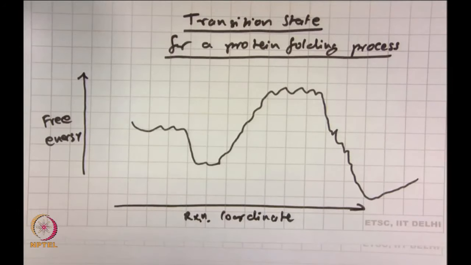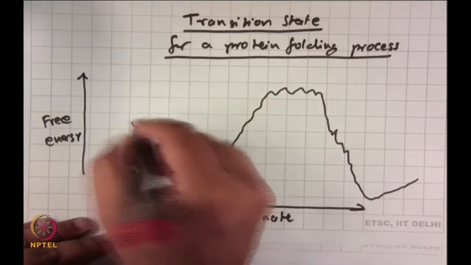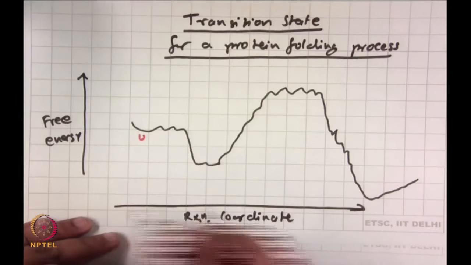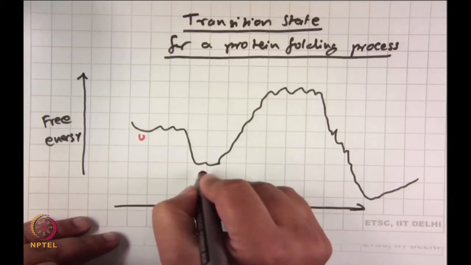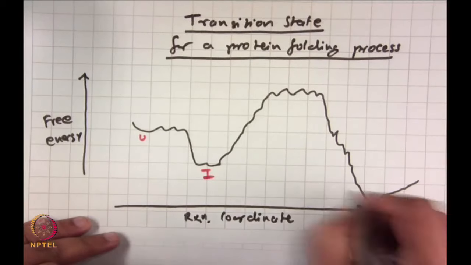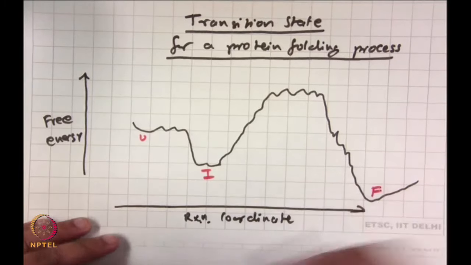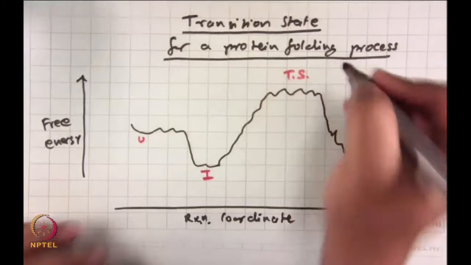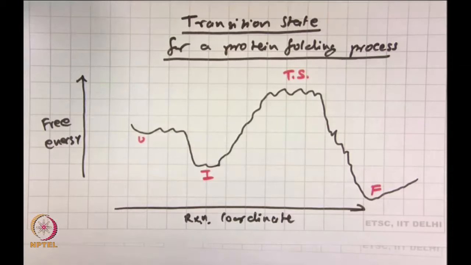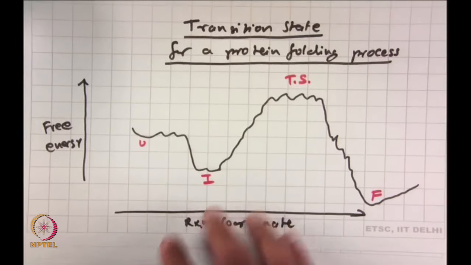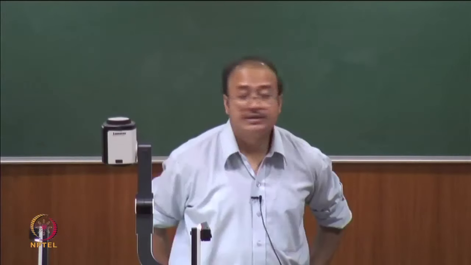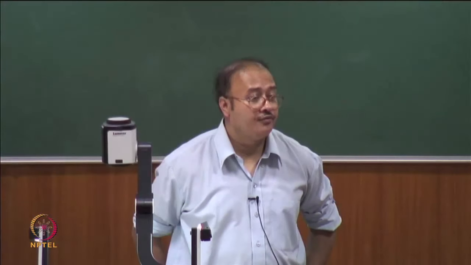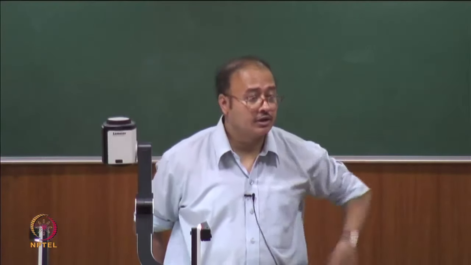So, because I am going from an unfolded state to a folded state, what I can say is this is U for me, this is, I am saying, an intermediate I, and this is my folded state F. Okay. And obviously, this is then my transition state Ts. Okay. What do you see here? This is not something you have encountered before. I can tell you that.